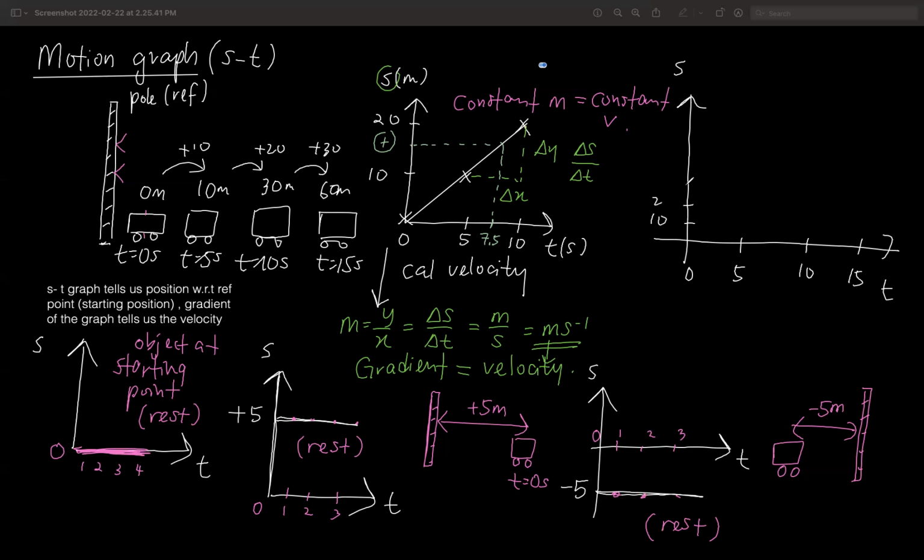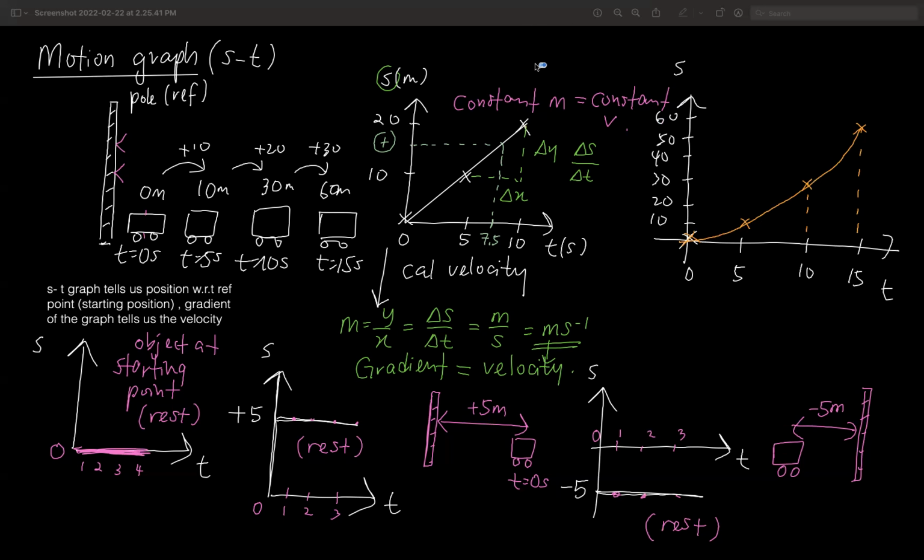Okay, 10, 30, 60. At 5 seconds it has come here, at 10 seconds it is at 30, and at 15 seconds it is at 60. If I join this, I get a curved graph.